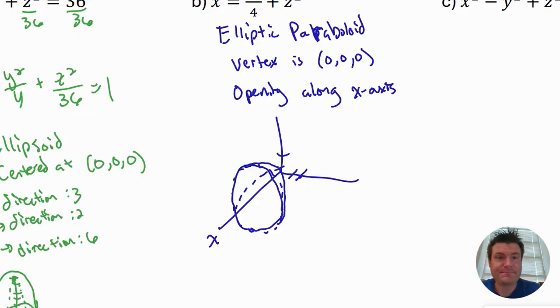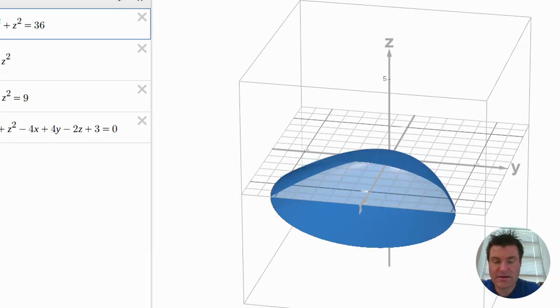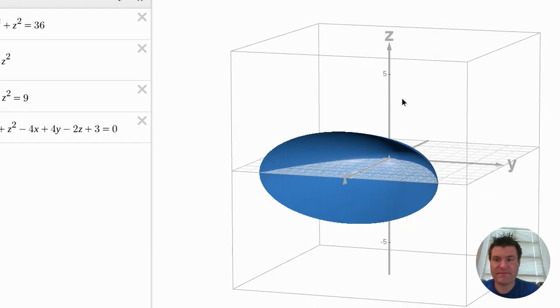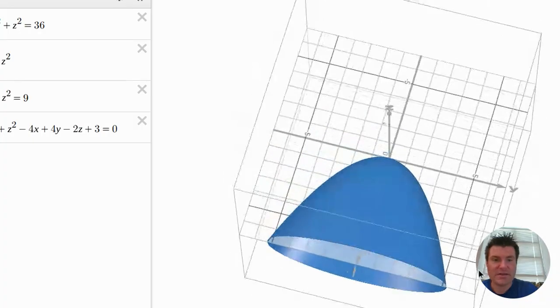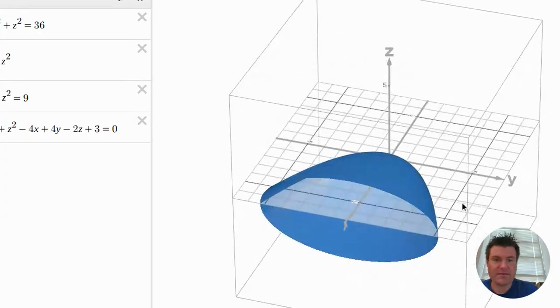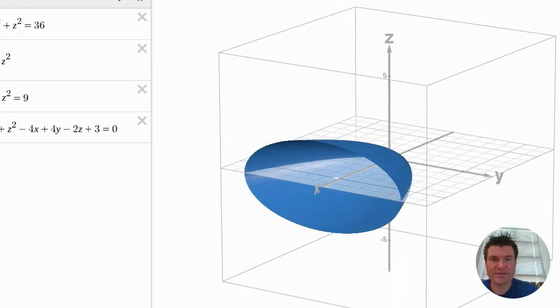I'll do better by showing you what it actually looks like. So see you later. That's the old one, and then here we go. So there. See, we're a little bit fatter on the y side, opening up twice as fast as the z side. So opening along the x direction right there. So there you go. That's what that looks like.